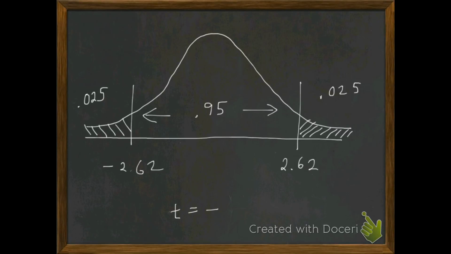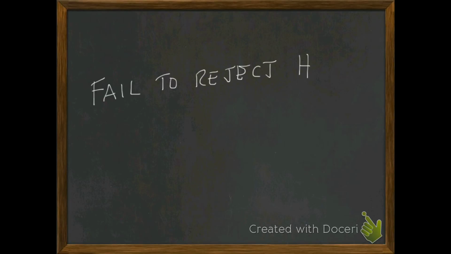Yeah. So with this being 0, our t would fall about right there someplace. So our decision would be to fail to reject H sub O.